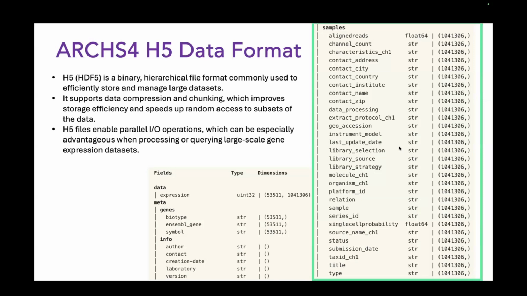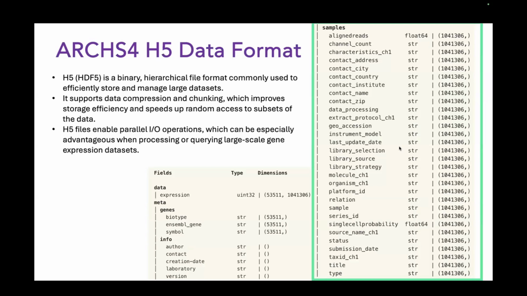To highlight one of them specifically, there's the single cell probability. This is something that we compute, and it should be 1, or larger than 0.5, if we think it is from a single cell experiment, and below 0.5 if we think it's a bulk sample.